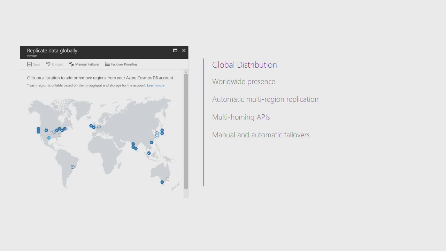Now, if you want to give very low latency access to your data, let's say single-digit millisecond latencies, the way we cheat the speed of light is we exploit data locality and replicate your data into each one of these regions. Then these all get stuffed behind a single multi-homing API, so that you have a single convenient endpoint where a client can configure their preferred regions and do policy-driven failovers. And you can do these failovers both in a manual or automatic fashion.